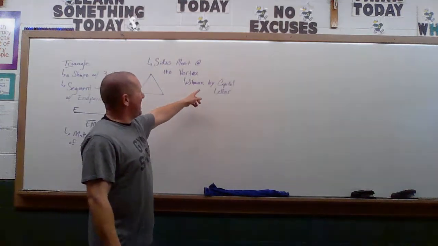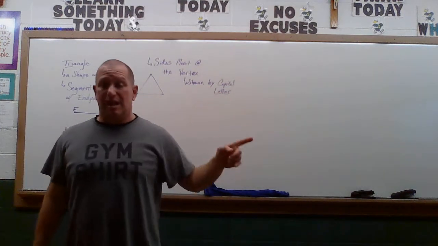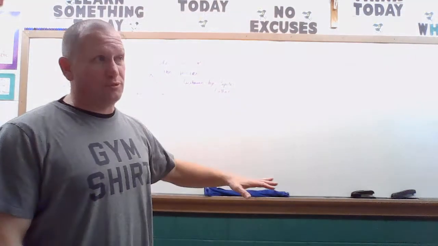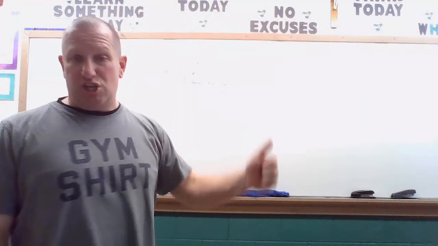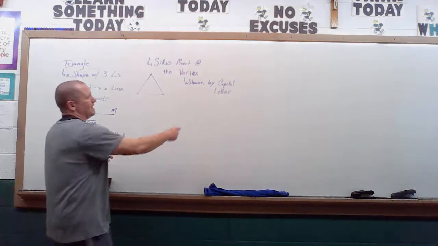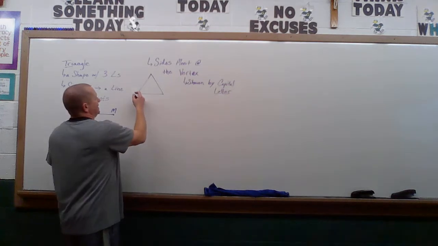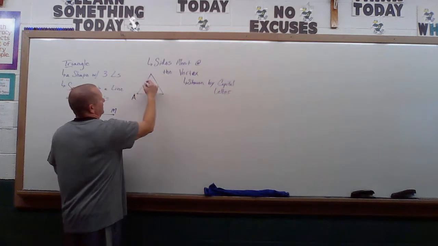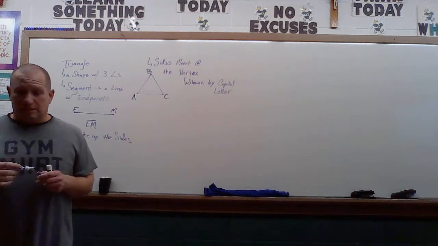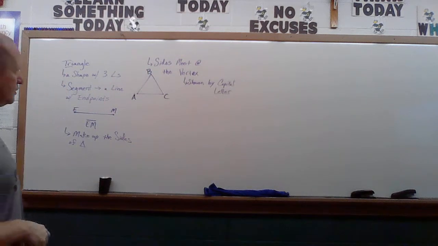Now we're talking about capital letters because every single time that you talk about an angle from here on out, no matter if we're talking about this class, geometry, pre-calc, whatever it happens to be, every time you see a capital letter, it tells you that you're signifying an angle in some kind of shape. Okay?